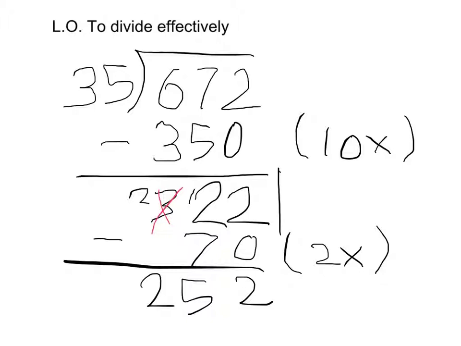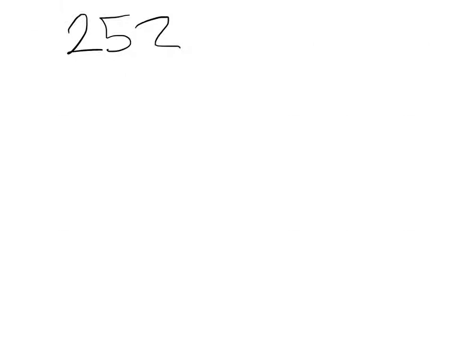I'm going to use my handy laser pointer. So, 35, we used 350, which is 10 lots. Then we took away 70, which is 2 lots of 35, and we came up with 252. So now I have 252.